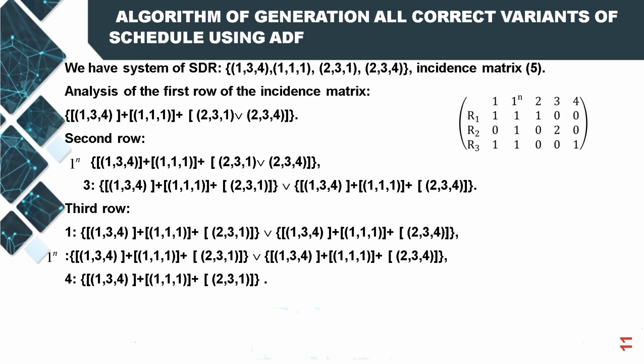So you can use the addition operation for the mandatory inclusion and the disjunctive operation if you have a choice of one or another element. As a result of our algorithm, on the last step, you can find a correct scheduler.